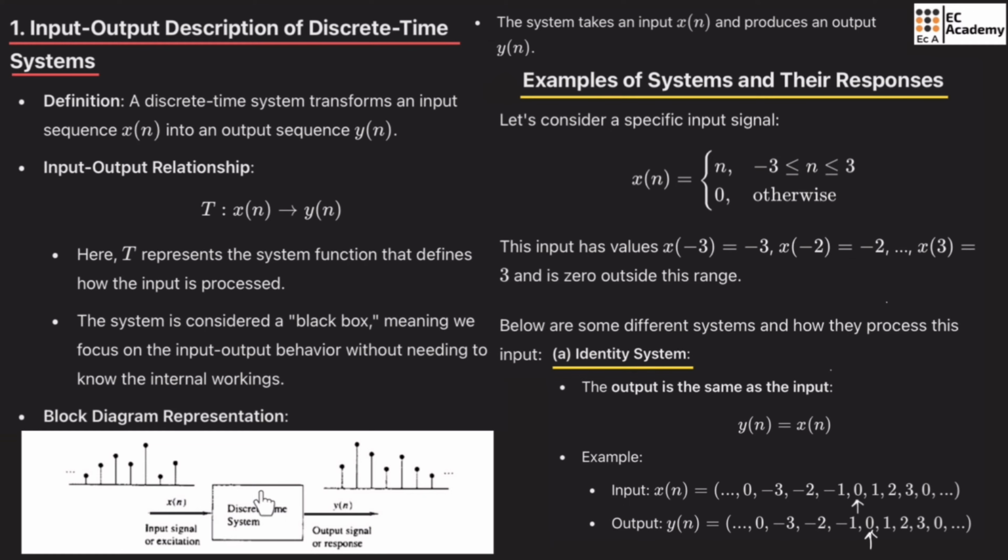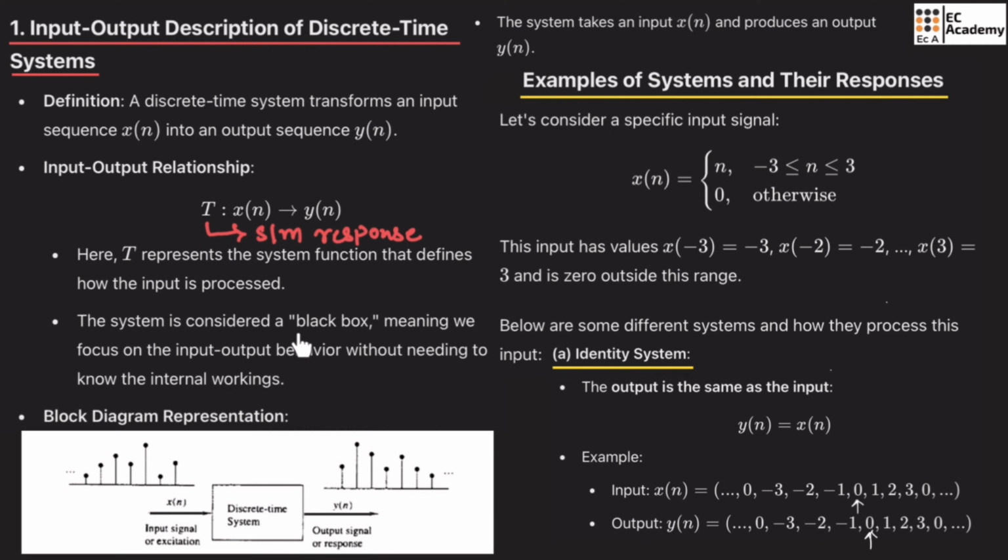So we can say the discrete time system transforms the input sequence x of n into the output sequence y of n. We can relate the input and output sequence using T, which represents the system function or system response. Here T is also known as system response.